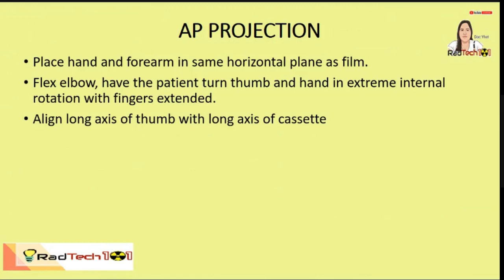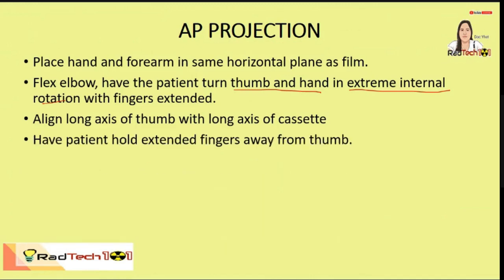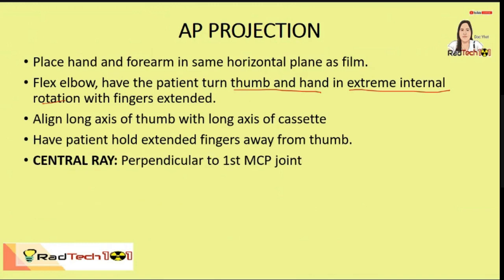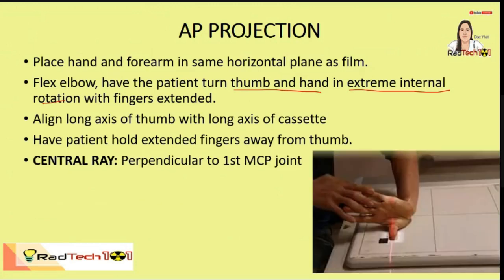Have the patient turn the thumb and hand in extreme internal rotation with fingers extended. So, align the long axis of thumb with the long axis of the cassette para hindi siya makat off. Have patient hold the extended fingers away from the thumb para iwas superimposition. Central ray perpendicular to the first MCP joint.